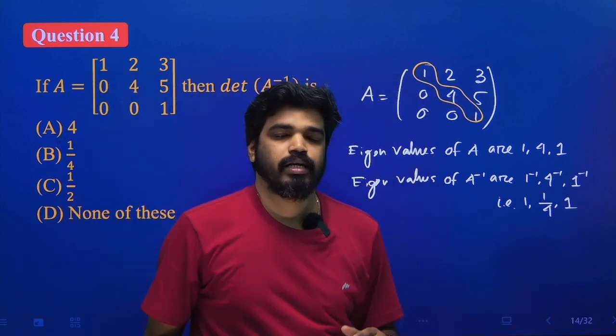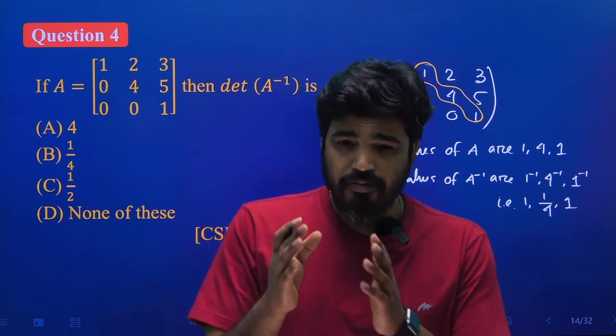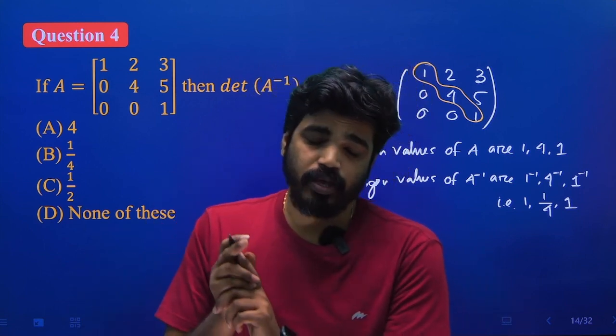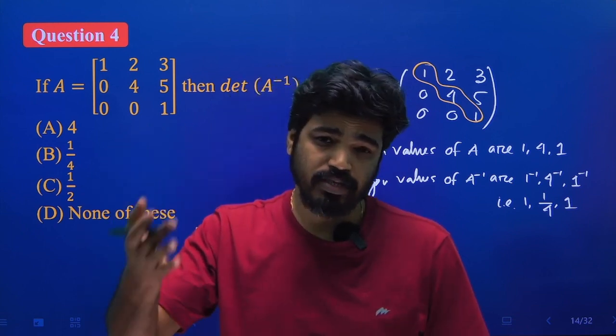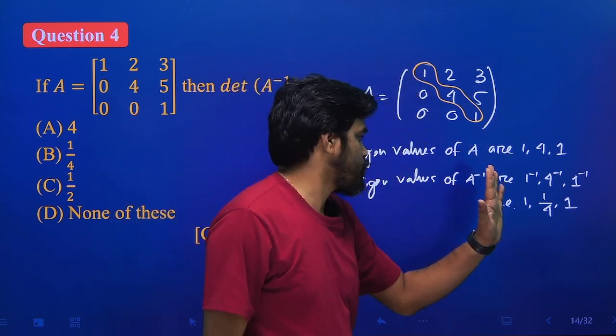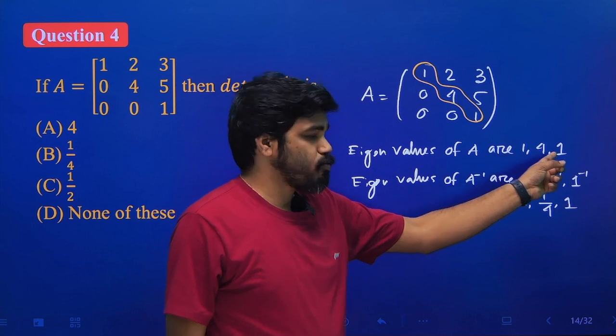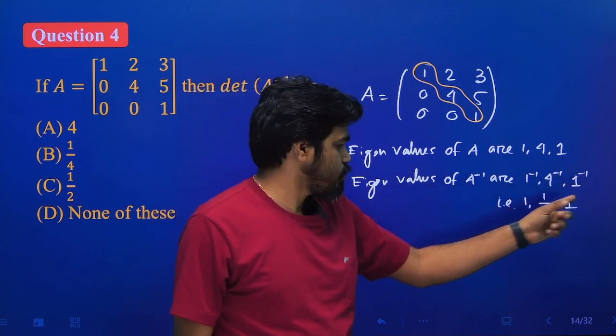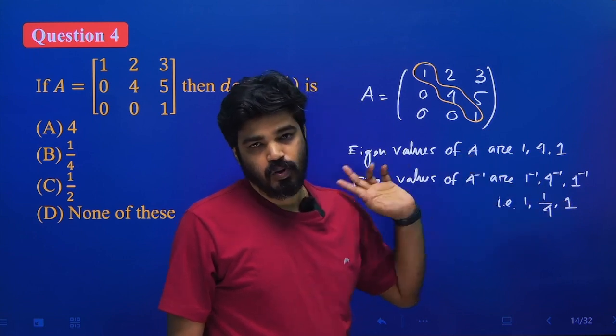We know that if lambda 1, lambda 2, lambda 3 are the eigenvalues of A, then the eigenvalues of A inverse are lambda 1 inverse, lambda 2 inverse, lambda 3 inverse. Just apply this property. Here the eigenvalues of A are 1, 4, 1, so the eigenvalues of A inverse are 1, 1 by 4, 1.